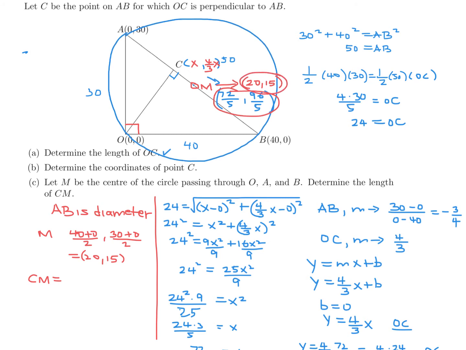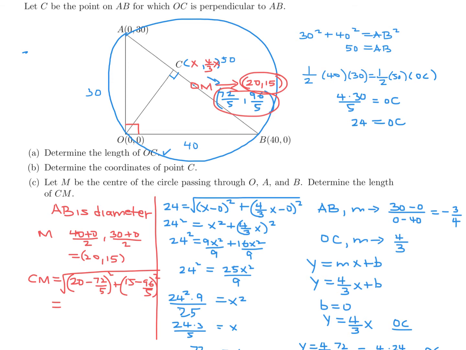So using the distance formula, (20 minus 72 over 5) all squared, plus (15 minus 96 over 5) all squared, all under the square root sign.